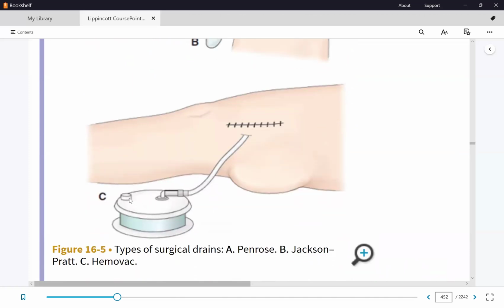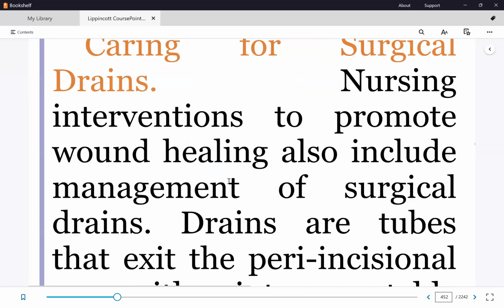For this to work, you compress the springs and then close the cap. That way, same as a JP, it will apply passive suction. Otherwise, they're just draining by gravity, which is not effective. So they have to be compressed for them to work properly.